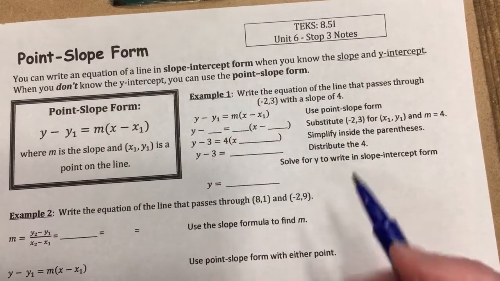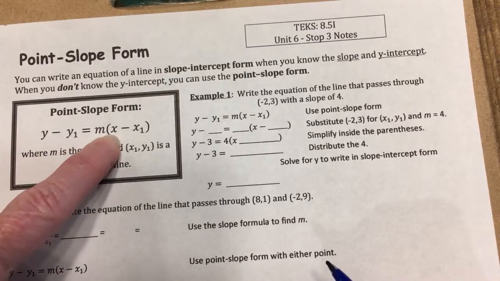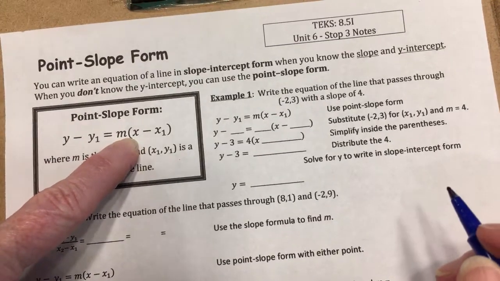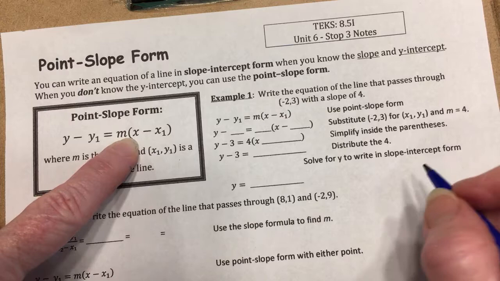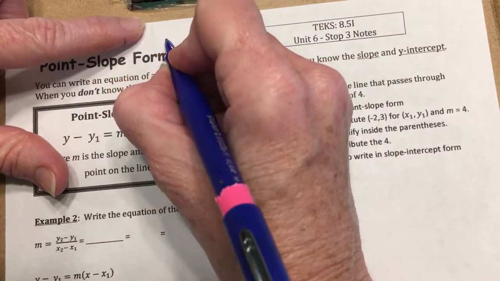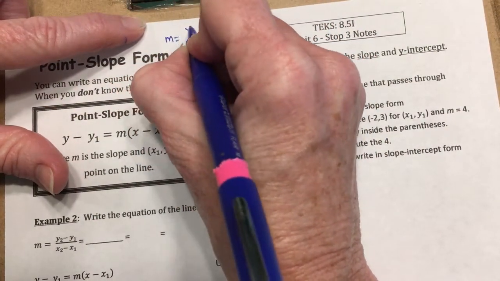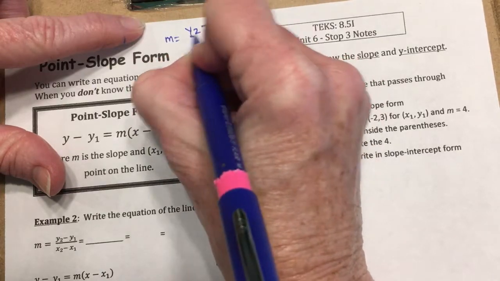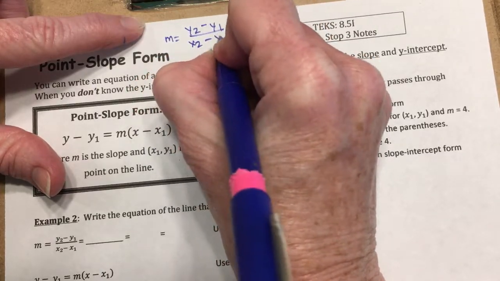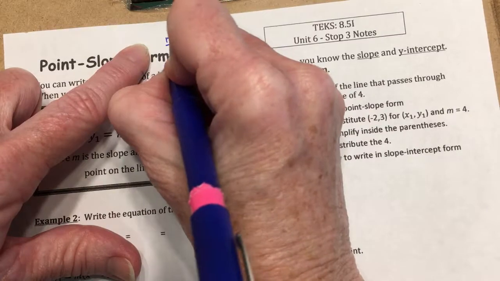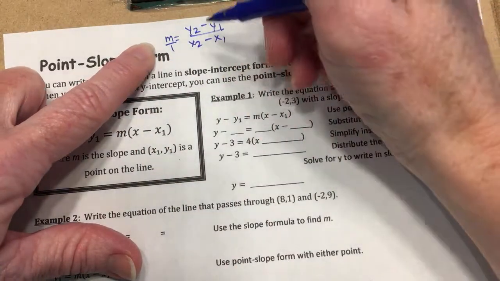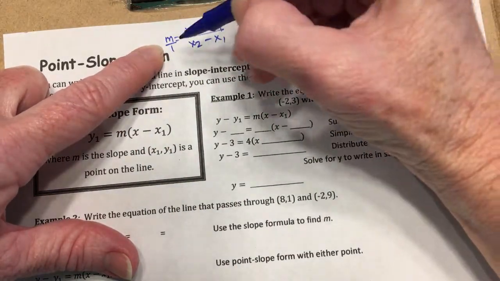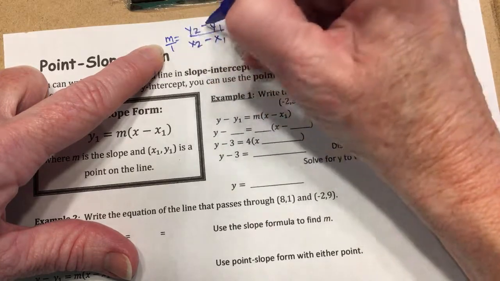All right. So basically, this point-slope form comes from the slope formula. We found out earlier that the slope formula was this: m equals y2 minus y1 over x2 minus x1. If we write m as a fraction, m over 1, and look at this as a proportion, then we know that this times this is equal to this times this.